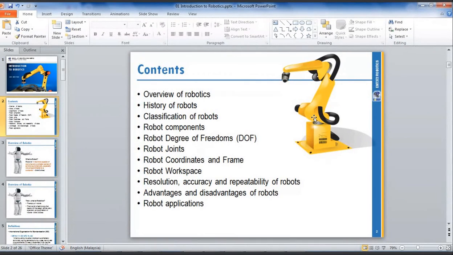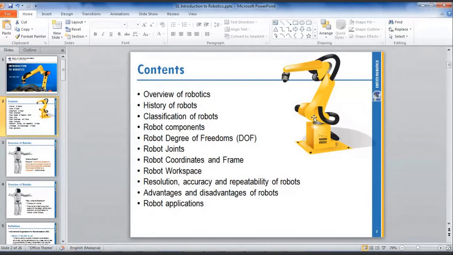So you have three experiments. You have three laboratories. Okay, first regarding this robotic arm, the Dobot. Second, you have intelligent mobile robot.